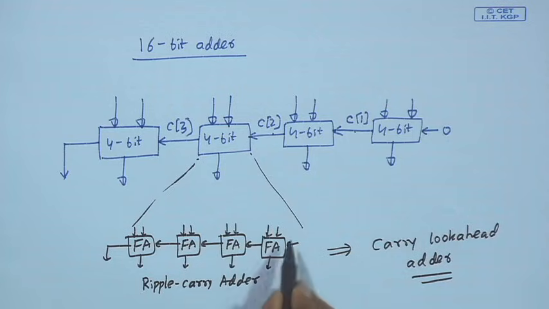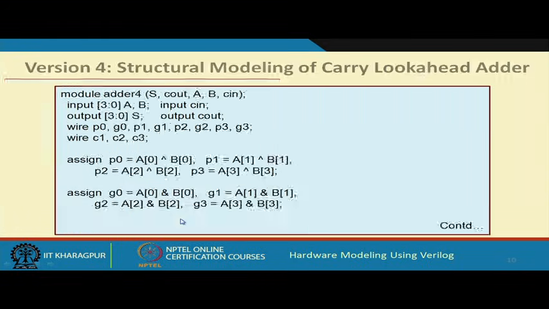See, in a ripple carry adder, the carry is rippling through the stages. So, the worst case delay will be the maximum time it takes for the carry to ripple through. But in the carry lookahead adder, we are generating all the carries in parallel, so that the addition becomes very fast. So, in the next design, here we are looking at a design of a 4-bit adder, adder 4, using carry lookahead principle.